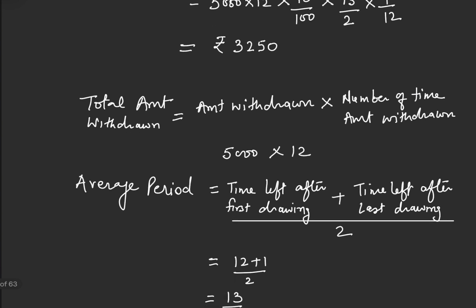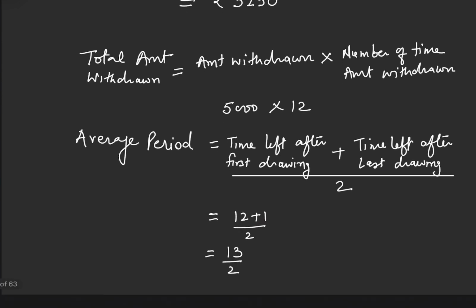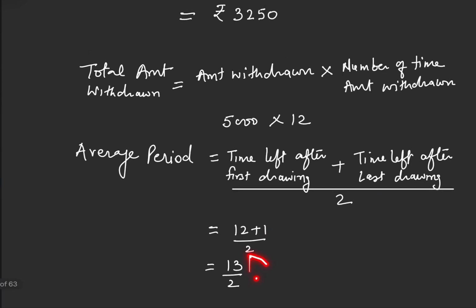Let's calculate time left after first drawing and time left after last drawing. Since it is in the beginning of each month, the time left after the first drawing is 12 months, and the last drawing will be made on 1st March. Time left after last drawing is 1 month. So it becomes 13 by 2.